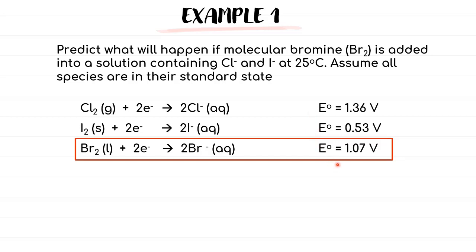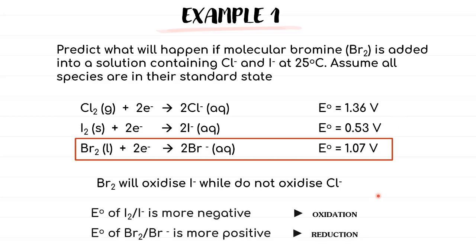When Br2 is added, it is only able to oxidize I-. This is because I- has a weaker oxidizing agent strength, while Cl- cannot be oxidized by Br2 because Cl- has greater oxidizing agent strength. Hence, we can say I- undergoes oxidation while Br2 undergoes reduction.